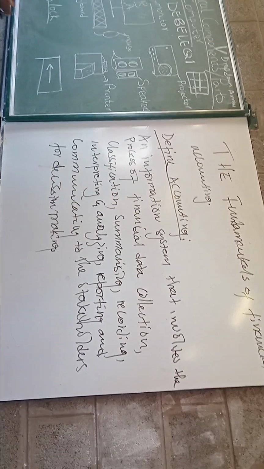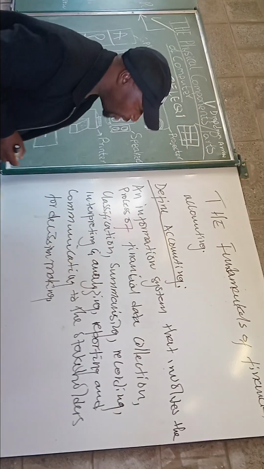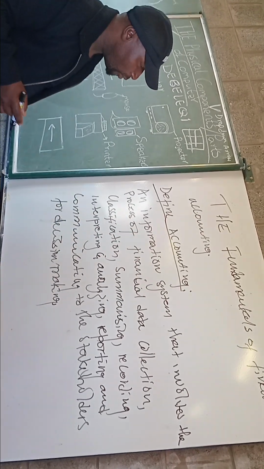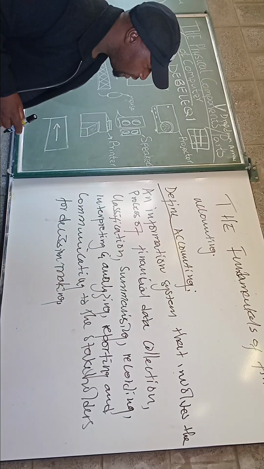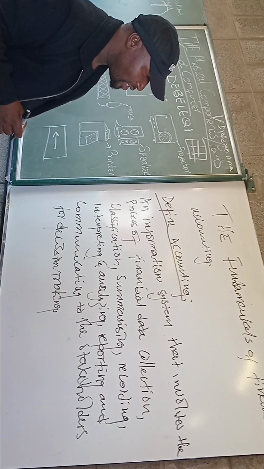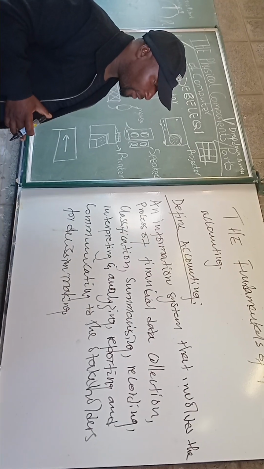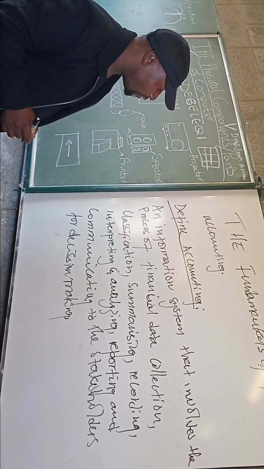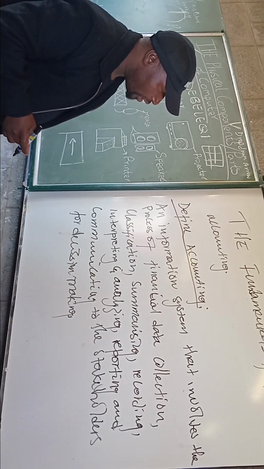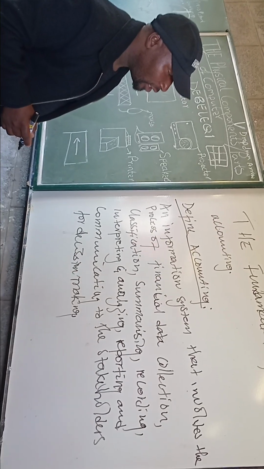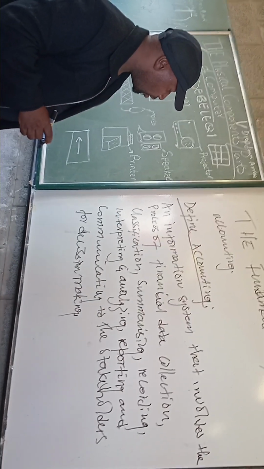Now we are going to underline the keywords of the definition that we first of all have to discuss. Everyone should remember that the business is made to generate profit. So in order for us to arrive at the profit, we first of all have to record all the information that relates to the profit making of the business.